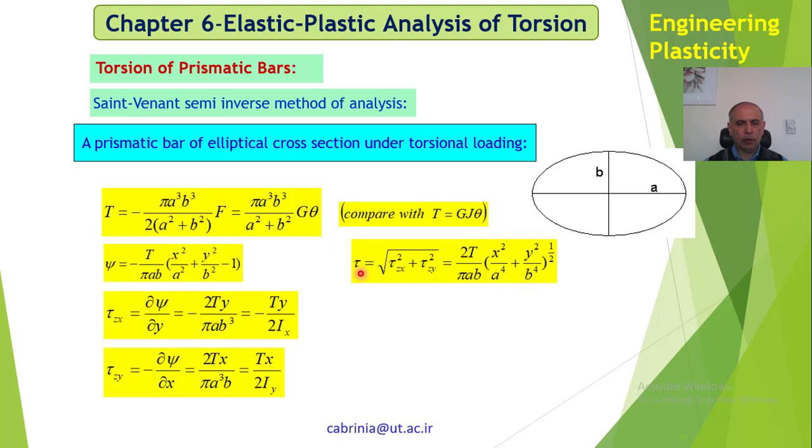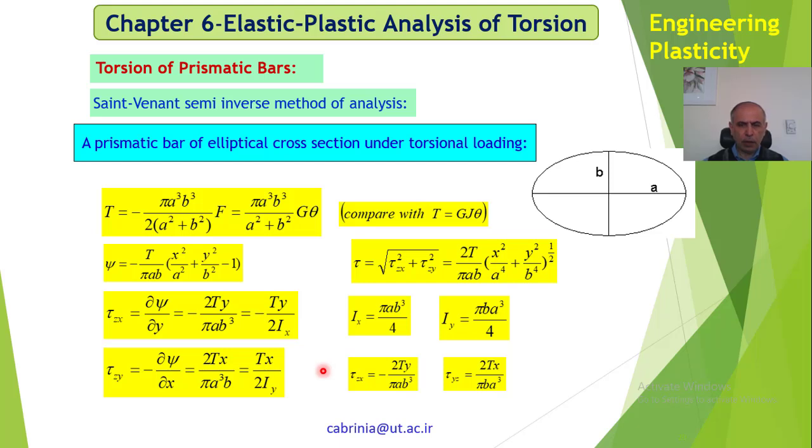So here you can see we got the shear stress in terms of the torque and these, which have to do with the area of the cross section. And if we substitute this Ix and Iy here, we get tau Zx equal to that, and tau Yz equal to that.